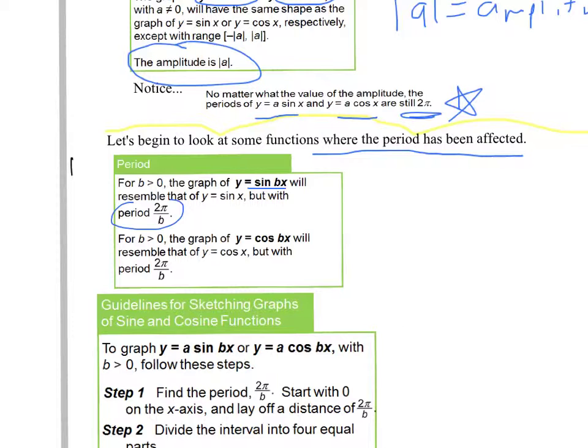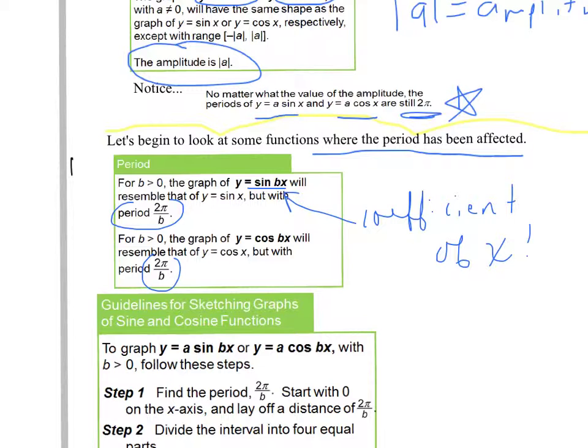If you have cos bx, the period is 2 pi over b. So note to self, be on the lookout for the coefficient of x, and that'll trigger you for your period, 2 pi over beta, where beta is the coefficient of x.